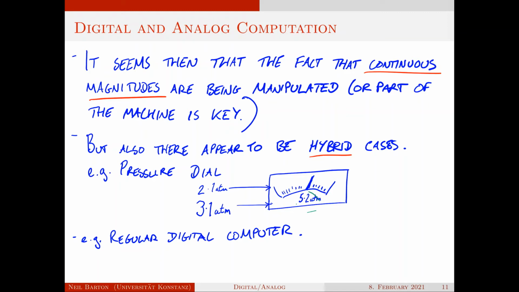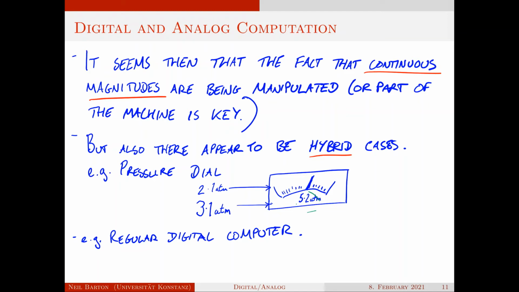after I've done that. Now, I could view this as a particular kind of computation, and there are two different ways I could view this, in virtue of the fact that we're thinking of things as continuous magnitudes. I could view it as an analog computation of the fact that 2.1 plus 3.1 is 5.2, right?